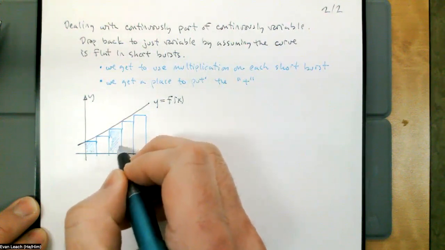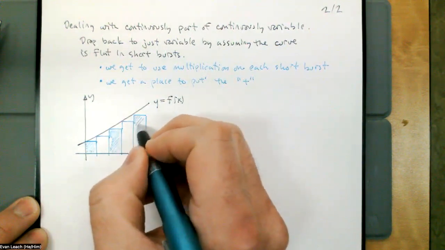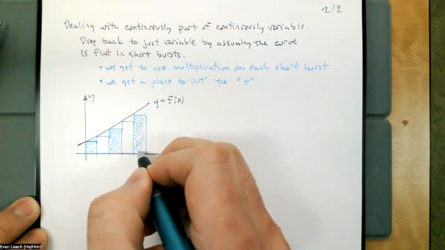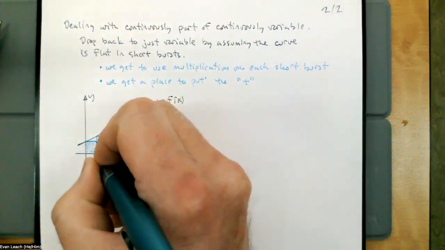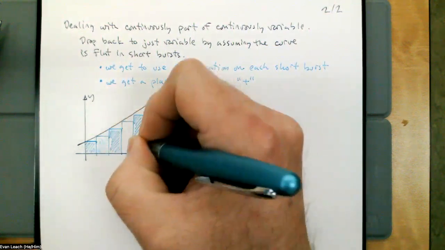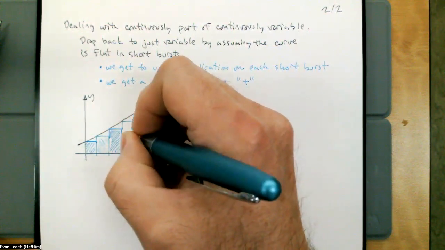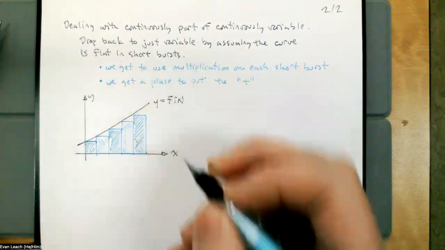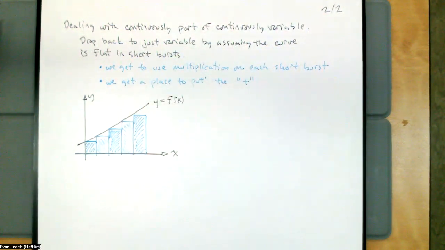We can see that I'm shading in almost all the area under the curve. But the benefit is now on each of these, I've just drawn this area with this inconvenient continuously variable length. And I've just picked 5 lengths. On each of these rectangles, we get to use multiplication, and we just put plus signs in between each of those areas.